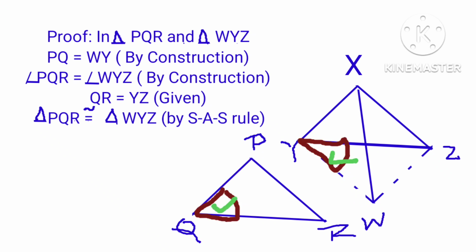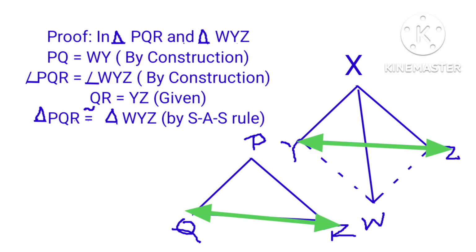Angle PQR is equal to angle WYZ by construction. QR is equal to YZ given. So triangle PQR and triangle WYZ are congruent by SAS rule.